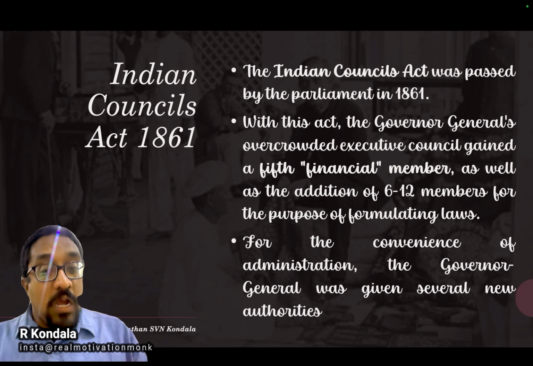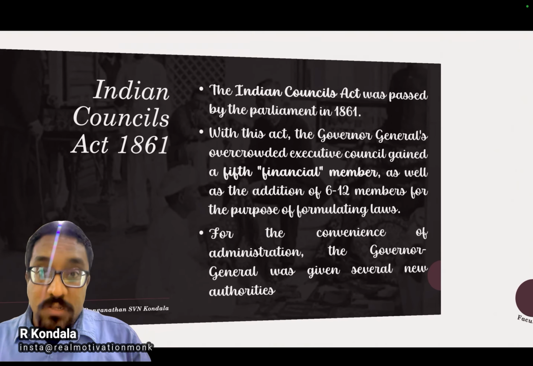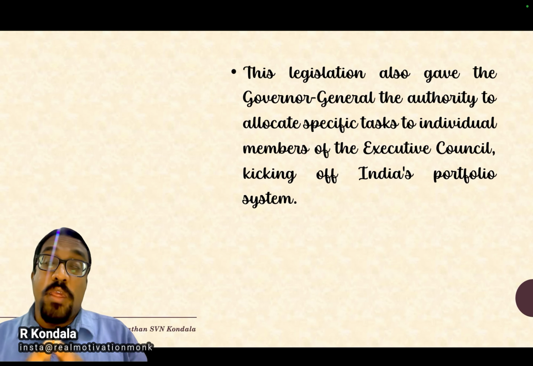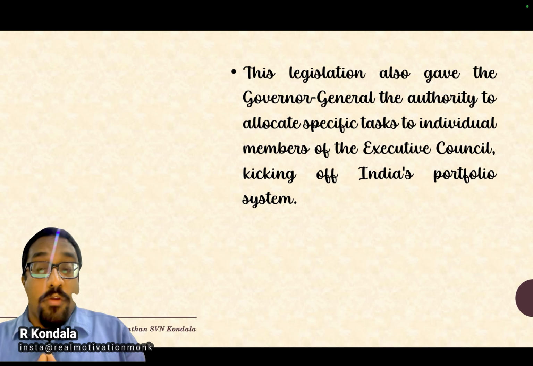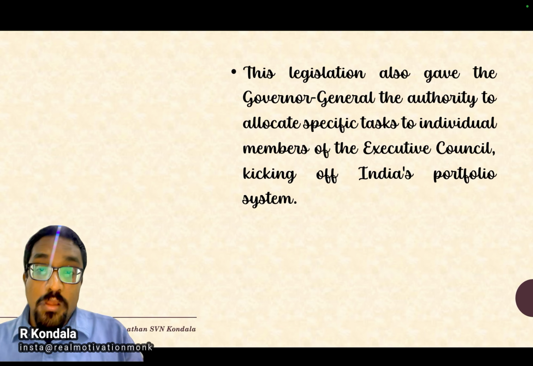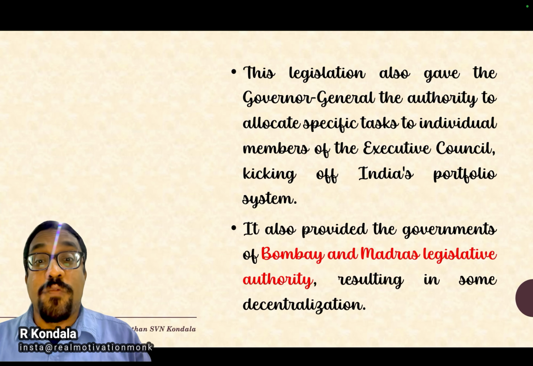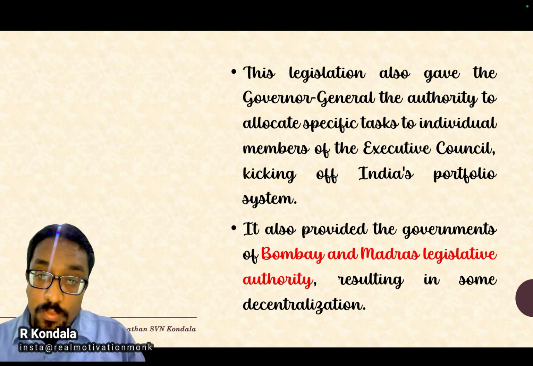For the convenience of the administration, the Governor General was given several new authorities and powers. For example, the legislation also gave the Governor General the authority to allocate specific tasks to individual members of the Executive Council. In principle, the portfolio system, which is followed by India even today.